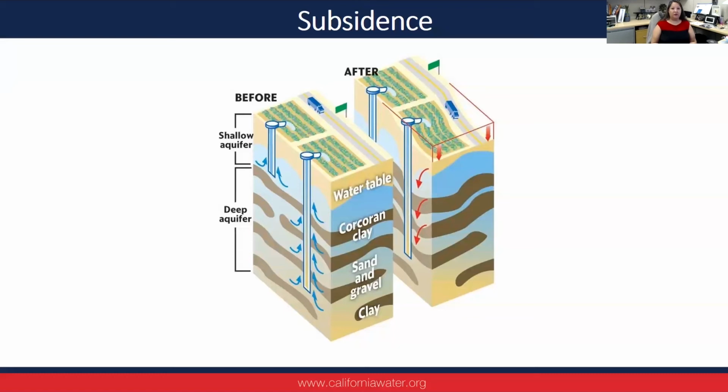Some soil is able to come back to a similar state, but not 100% to where it used to be before we pumped all the water, with the exception of any of the clay, the Corcoran clay or any other type of clay. Once it is compacted, it is not able to come back. And so through years of extracting water from groundwater aquifers, our land has subsided.